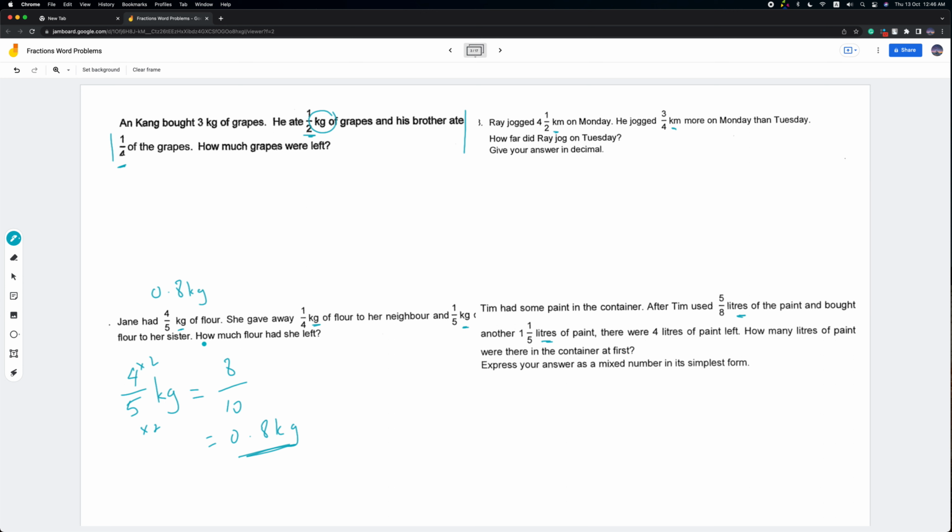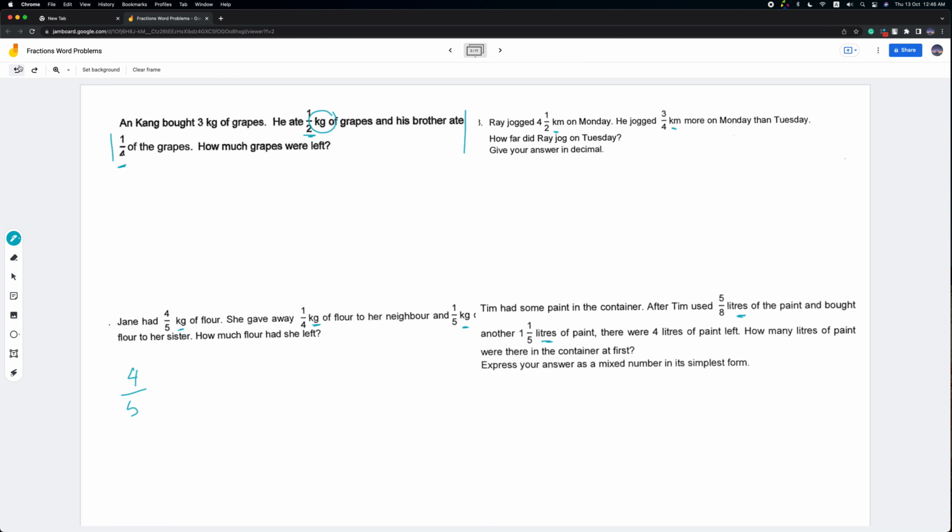That's all. So remember, if there are units attached to the fraction, take note that it is a real actual measurement of the object or of the item. Why is that important?